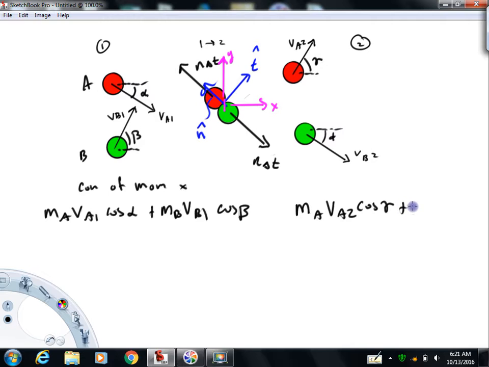So that thing's momentum component in the x direction is going to be mass b, VB2 cosine phi. These are all positive because all of these momentum vectors or components in this picture point to the right.